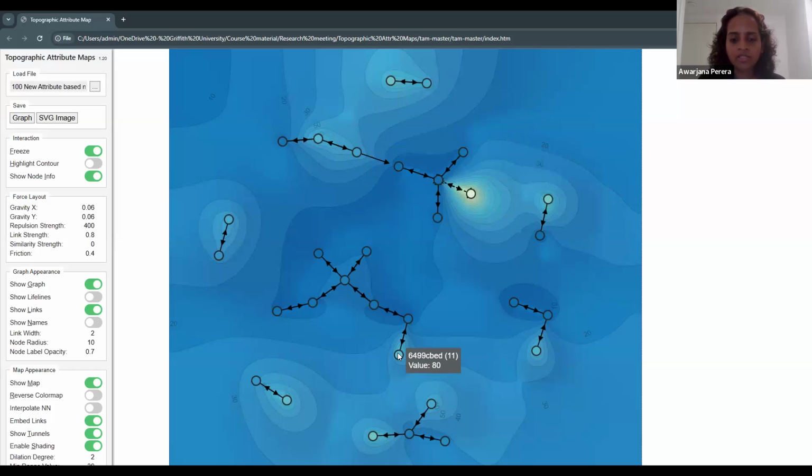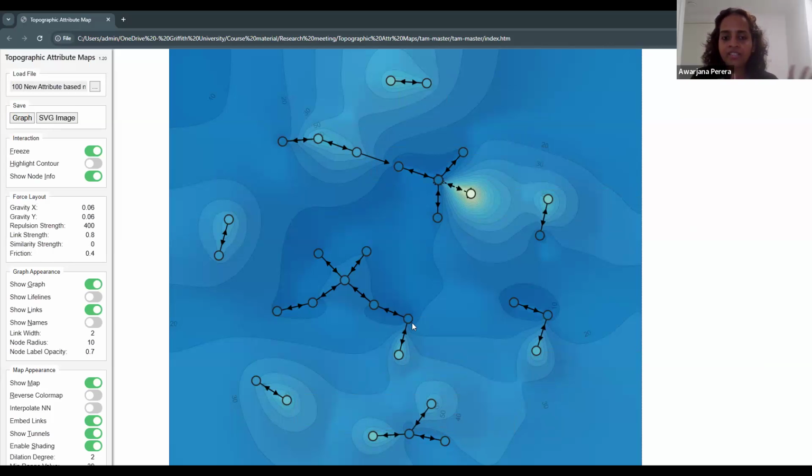If we look at this one, this has a value of 80, and I believe this also has a value of 80. Since the similarity force here is 0, it's not trying to bring all the similar nodes together like I mentioned in my slide.